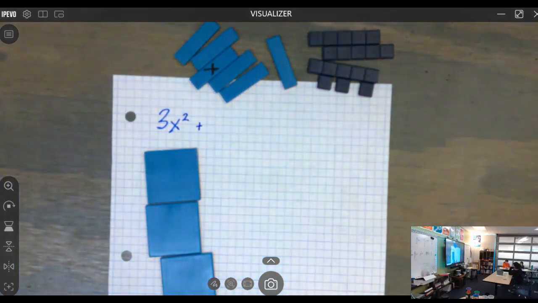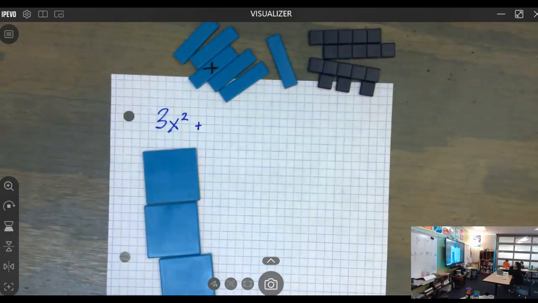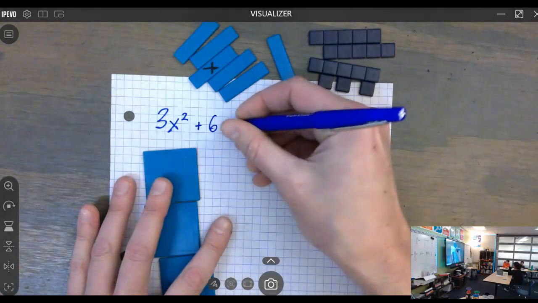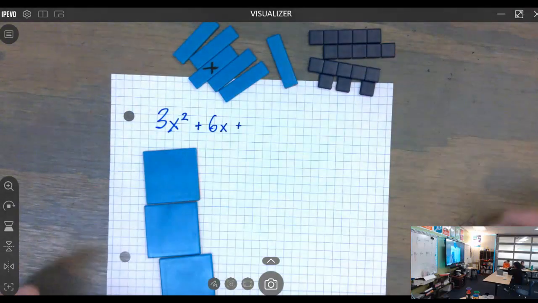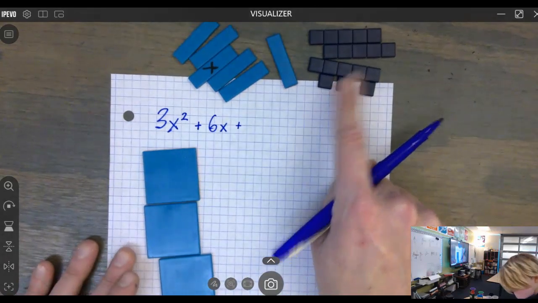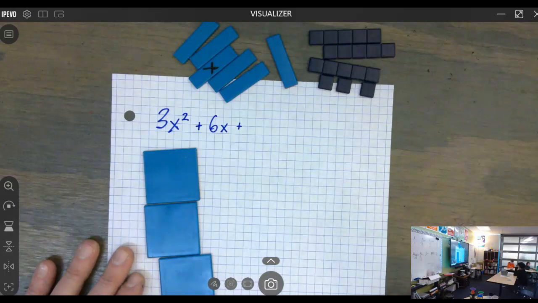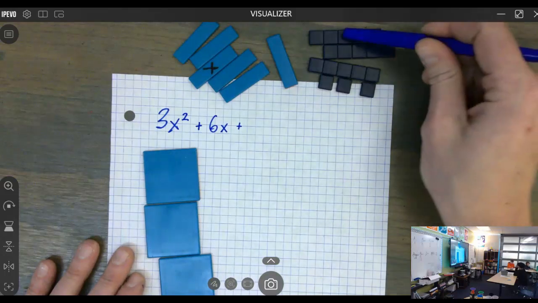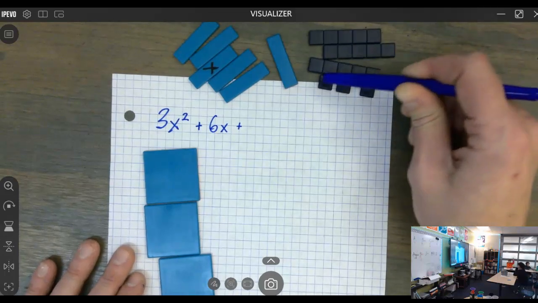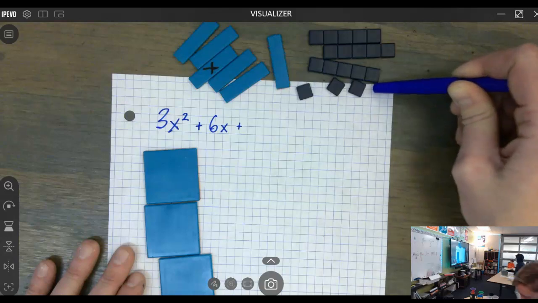How many x's did we have, just you individually? 6. How many 1s? Remember, we're just counting the 5s as 5 1s. 5, 10, 15, 16, 17, 18.